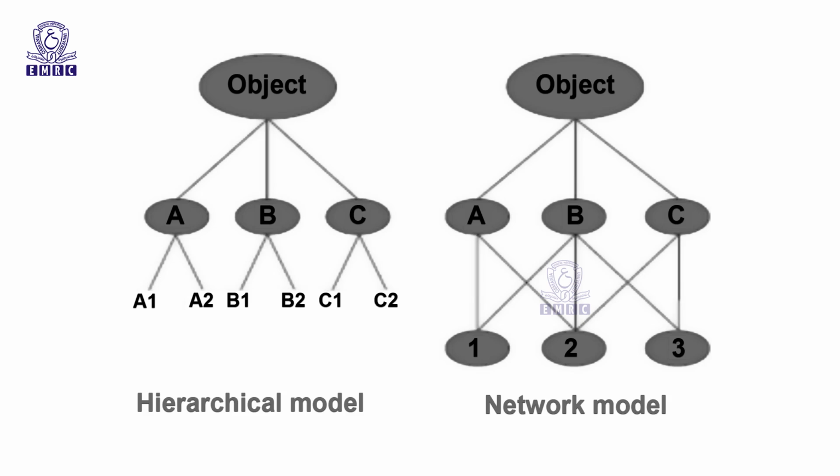This way a large number of interlinkages can be found in the network model, whereas this interlinking of the layers cannot be found in the hierarchical model if they do not share the same parent.